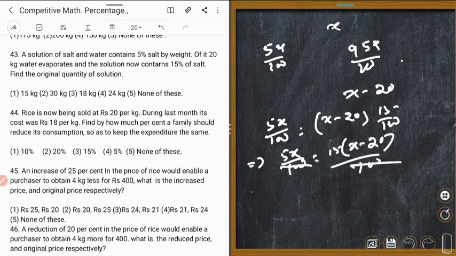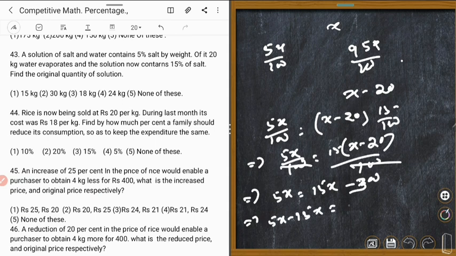The 100 cancels. So 5x is equal to 15x minus 300, right? Implies that 5x minus 15x is equal to minus 300. Implies that minus 10x is equal to minus 300.